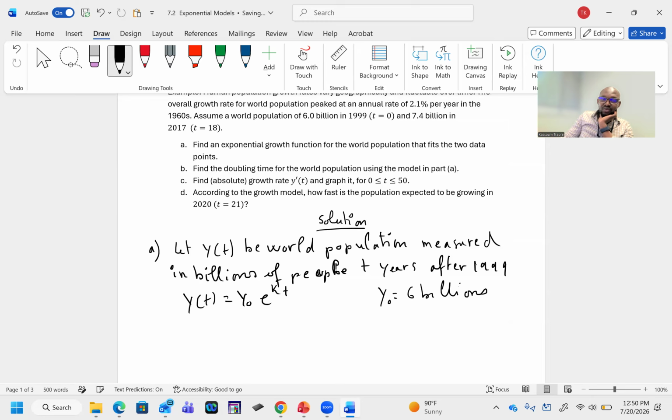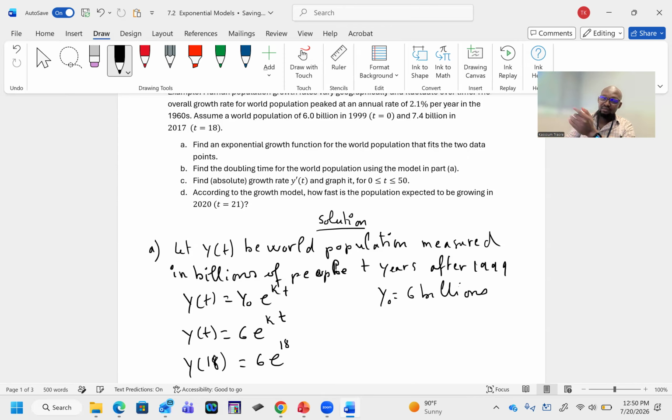Which means we know y(t) would be equal to 6 e to the power of kt. But we also know 18 years later, the population grew to what? 7.4. So we know y of 18, which means we replace t by 18, 6e to the power of 18k.